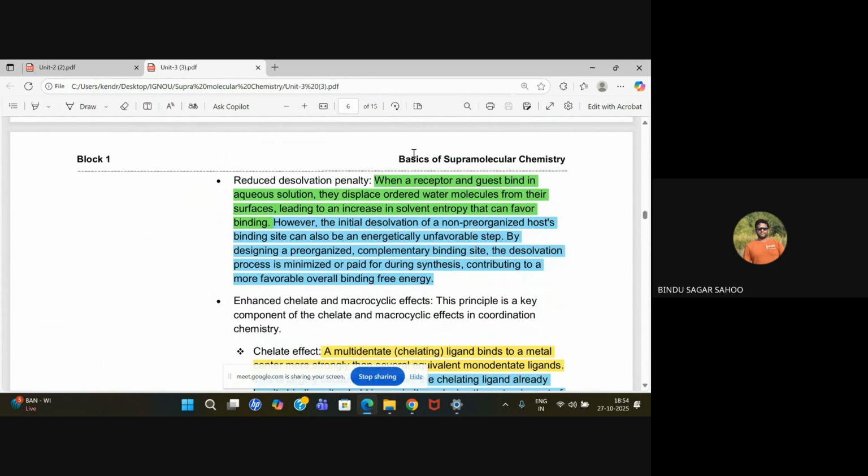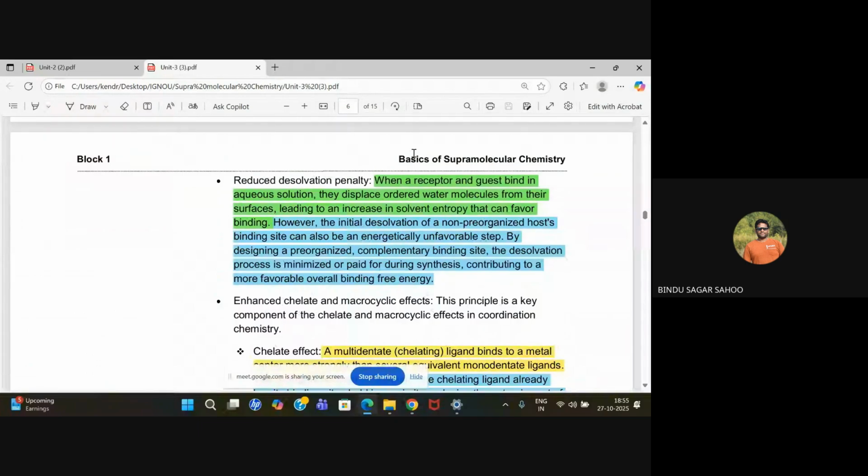After some time, the Na+ and Cl- ions will be completely separated, the Na+ ions surrounded by the OH- side of water and the Cl- ions surrounded by the H+ side. If the separation is more, there will be an increase in solvent entropy, and that can form a more stable complex.